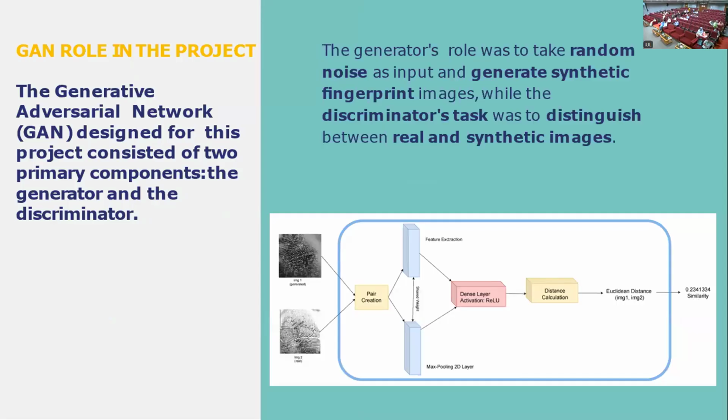This is how the CMS network, the GAN role, works. Here we have conducted experiments by adding Gaussian noise to the fingerprint, because there are certain scenarios where the fingerprints may not be recorded in a closed or constrained environment.